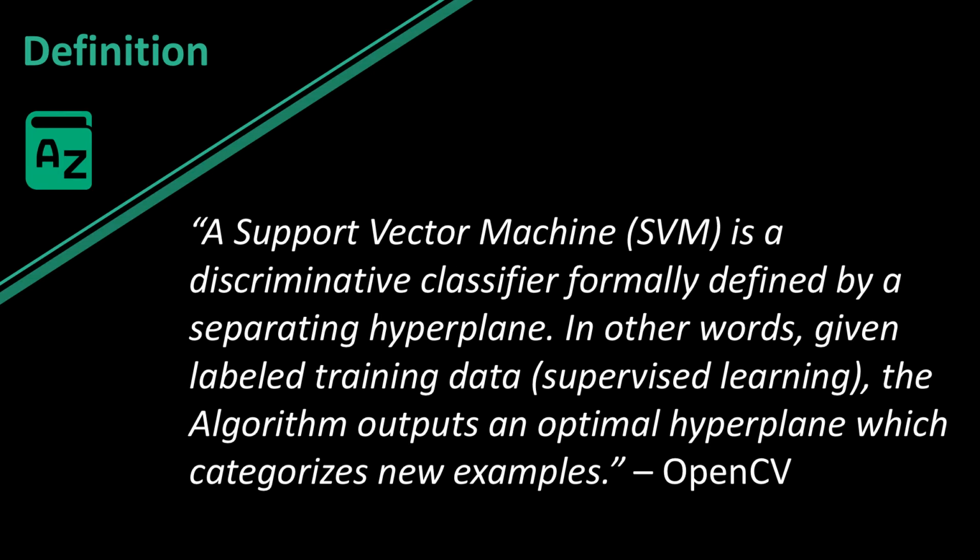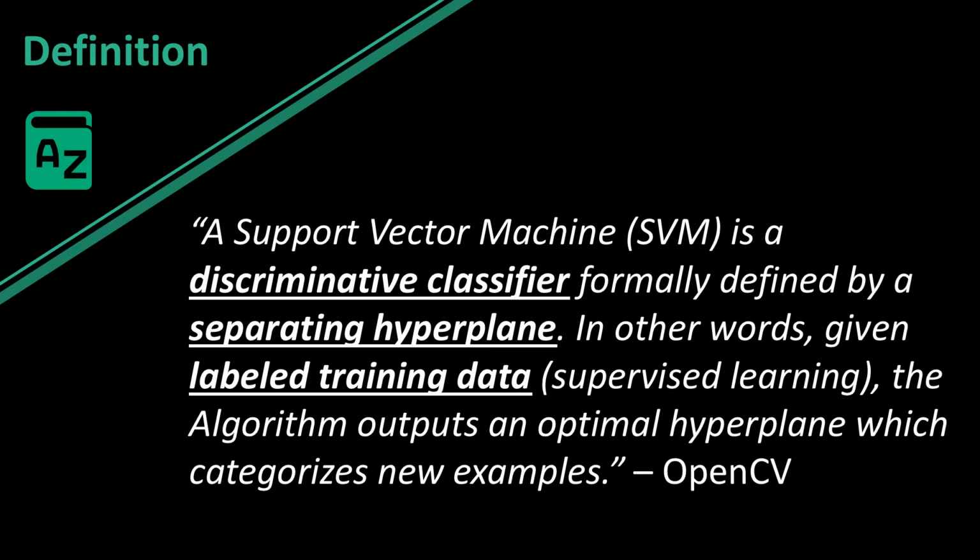Wow, that had way too many big words. So let's rip that apart a little bit and dive into what it means. Specifically, the elements we're going to pull out are discriminative classifier, separating hyperplane, and labeled training data.